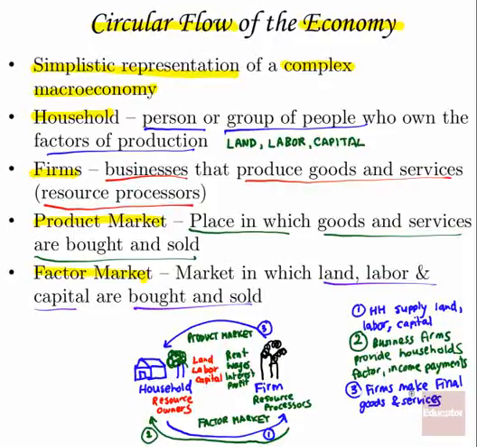Now again, just like individuals and households, I know I wouldn't do things unless I got paid for it. Same thing, businesses are not going to produce a product unless they get properly compensated for it. So a natural arrow here would be the households making sales payments.